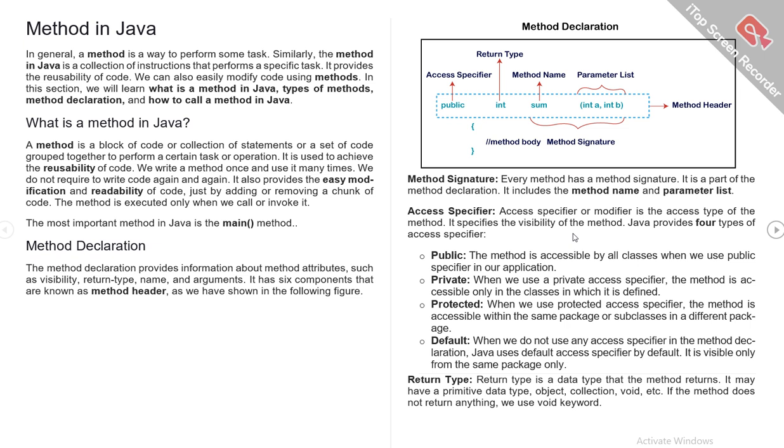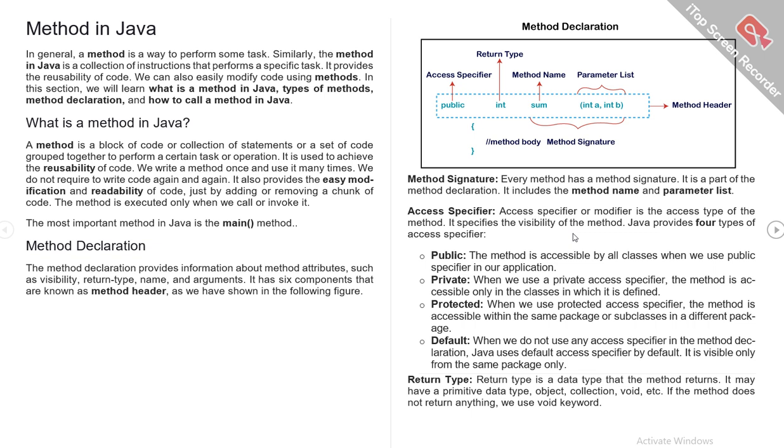A method is a block of code or collection of statements or a set of code grouped together to perform a certain task or operation. It is used to achieve reusability of code. We write a method once and use it many times, and we do not need to write code again and again.